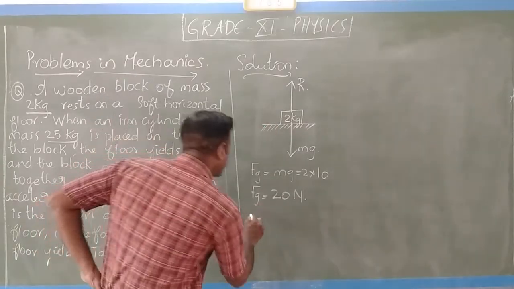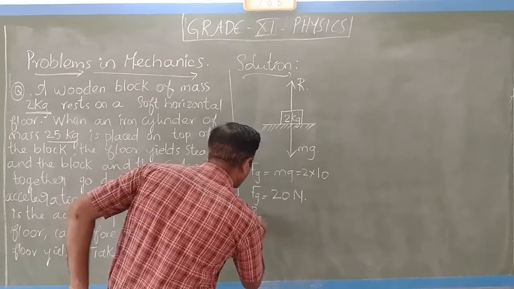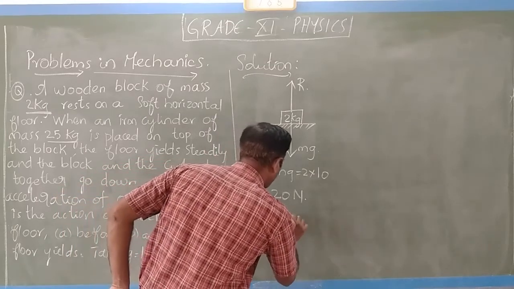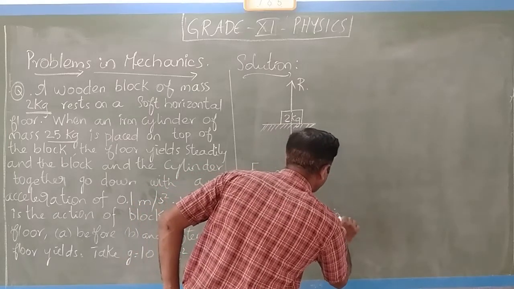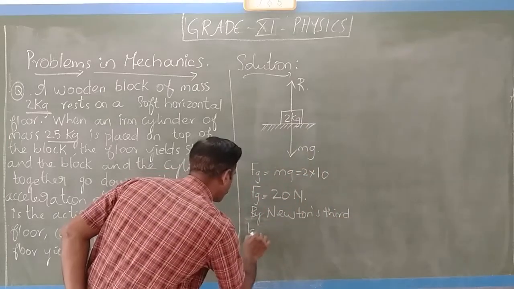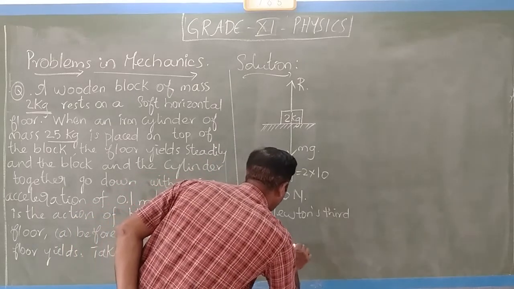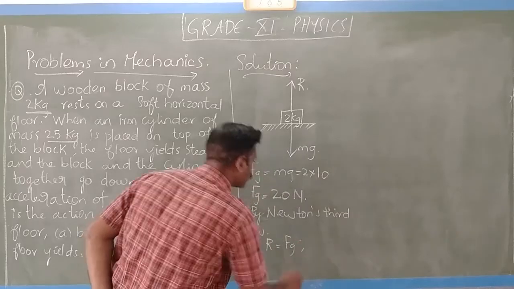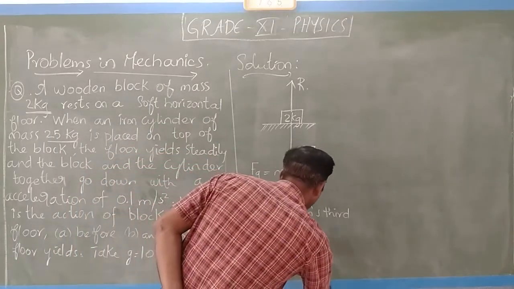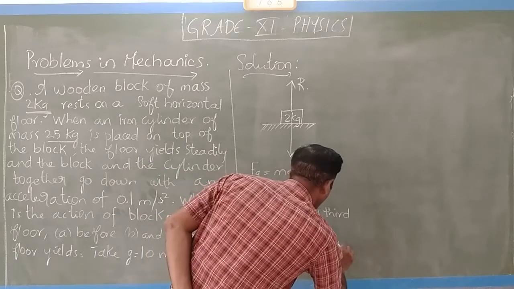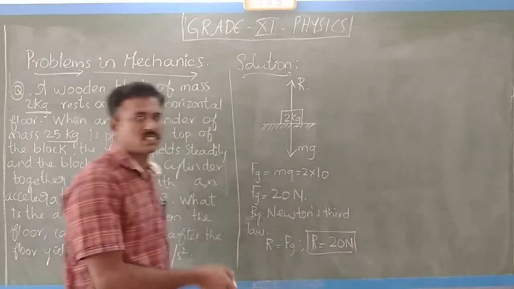So this R, I will write by Newton's third law, R equal to Fg. So what is the value of R here? R equal to 20 Newton. This is upward. The direction is upward.